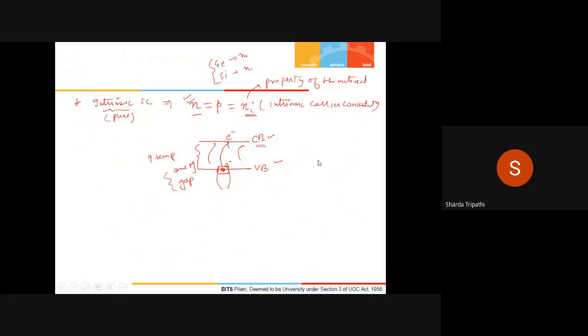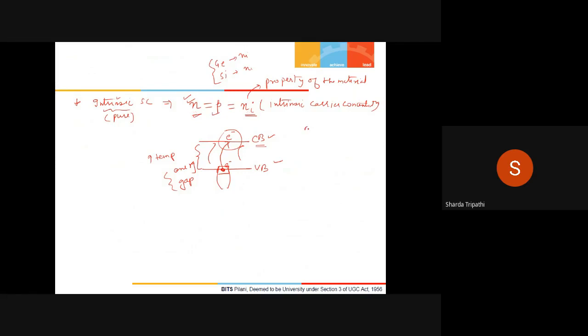So intrinsic carrier concentration means when there are no impurities in the system at that time, at room temperature, what is the number of electrons or the number of holes that are flowing across in the conduction band or the valence band. So it is either the positive charge density or the negative charge density. Yes. So in case of pure semiconductors, since both of them are equal, so this could be anything.